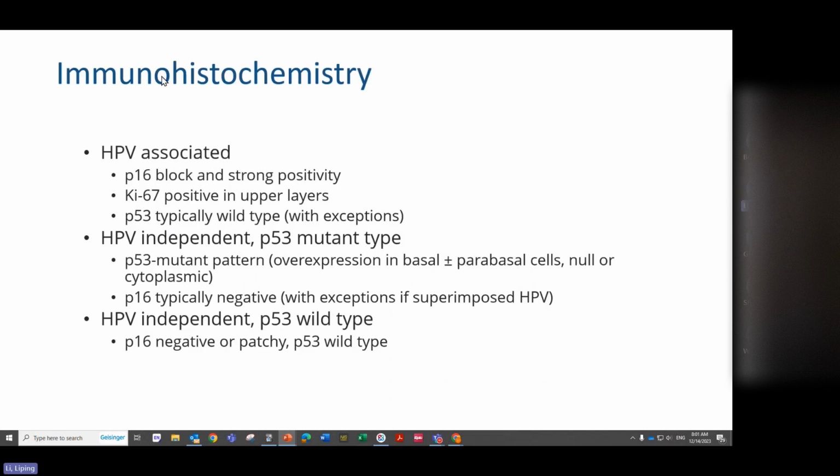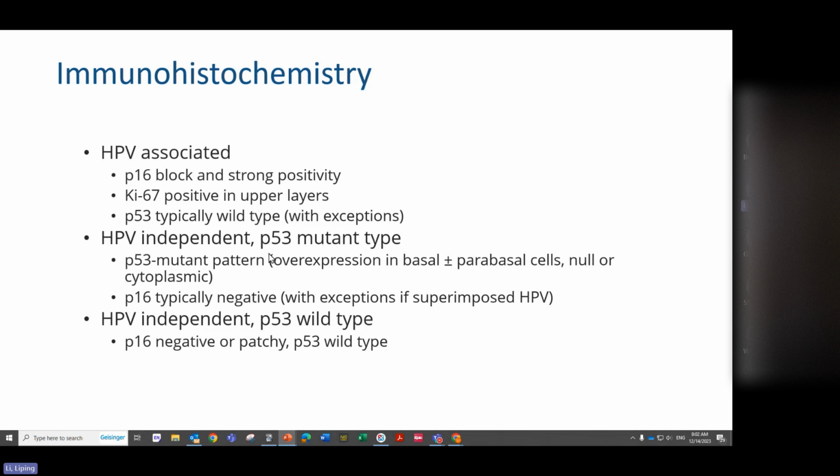So for immunostaining, we all know that if it is HPV-related, we should have P16 strong, diffusely positive. And then we also have our P53 immunostaining. Just bear in mind that for the mutation pattern, we have overexpression, which means all of the neoplastic cells have strong staining by P53.